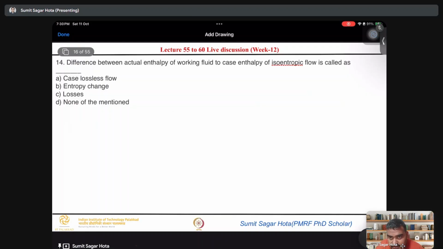So the difference between the actual enthalpy of the working fluid and the enthalpy of isentropic flow is called as dash.